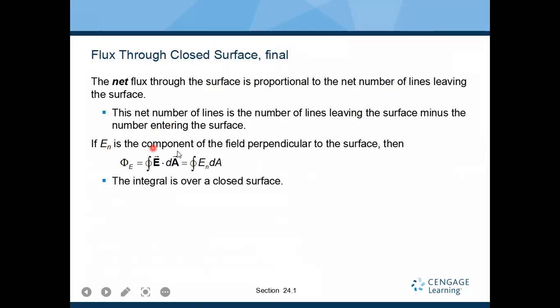So if E_n is the component of the field perpendicular to the surface, then we can get our desired equation: phi_E equals the surface integral. This is a closed surface, so it is a closed integral of the electric field E dot dA. The integral is over a closed surface. We have to remember this one.